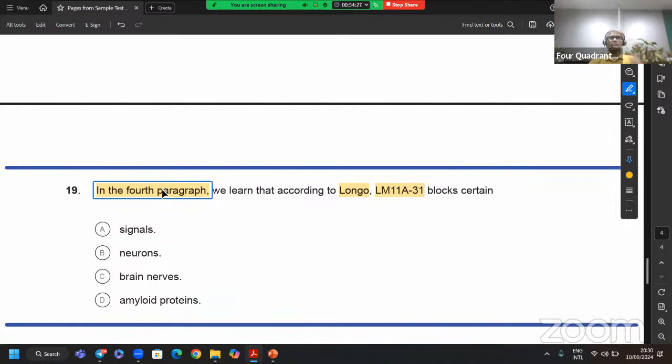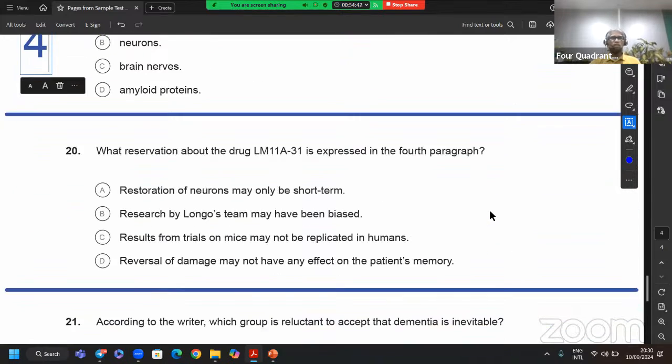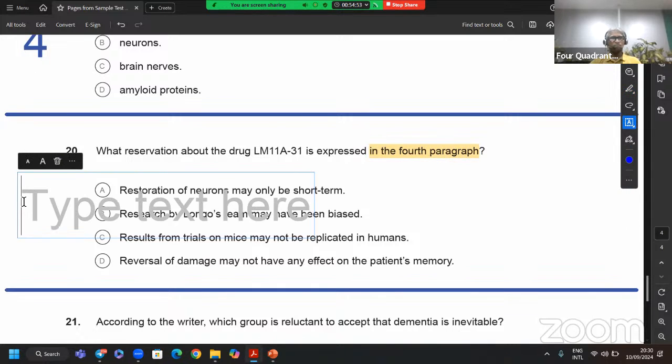So fourth paragraph, very clear. So write number 4 here. Next, again in the fourth paragraph. So write number 4 here.